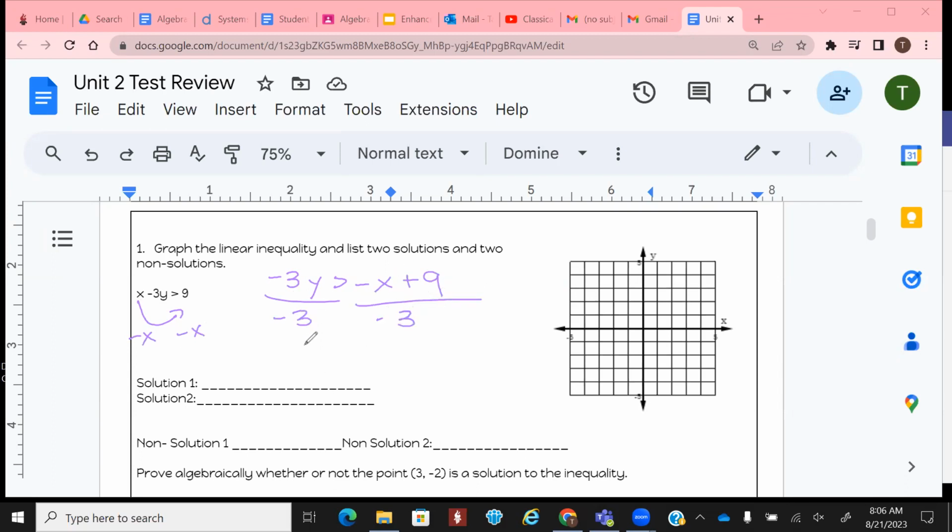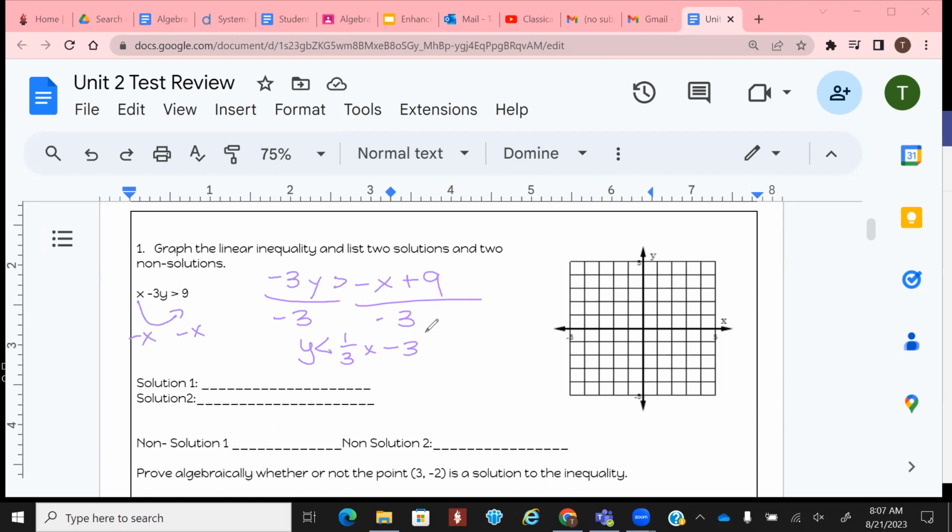And so that's going to give me y. And when we divide by a negative, we're going to flip the symbol. Negative divided by a negative makes a positive 1/3. And 9 divided by -3 is going to give me -3. Okay, so the first thing that you're going to do is put this in y equals mx plus b form.